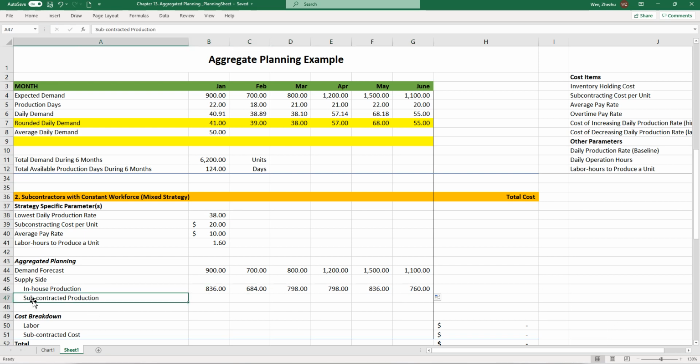And subcontracted production is going to be whatever amount is short, whatever amount is needed in order to fulfill the total demand. So that part is going to be the difference between the demand forecast and the in-house production.